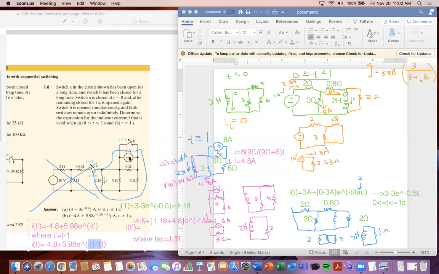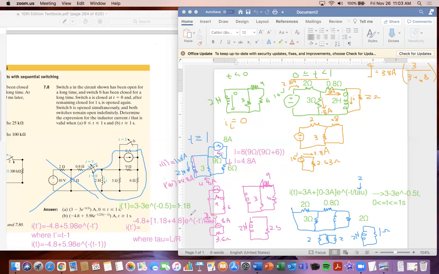Here, the current source, they didn't treat it as a short, sorry. So they just ignore the source, I guess, in total. Just don't even take it into account here. So keep that 9 ohm here. So 9 plus 6, that's 15 in parallel with 3. When I did 15 times 3 divided by 15 plus 3, I got 2.5 ohms here. So my tau became 2.5, not 1.